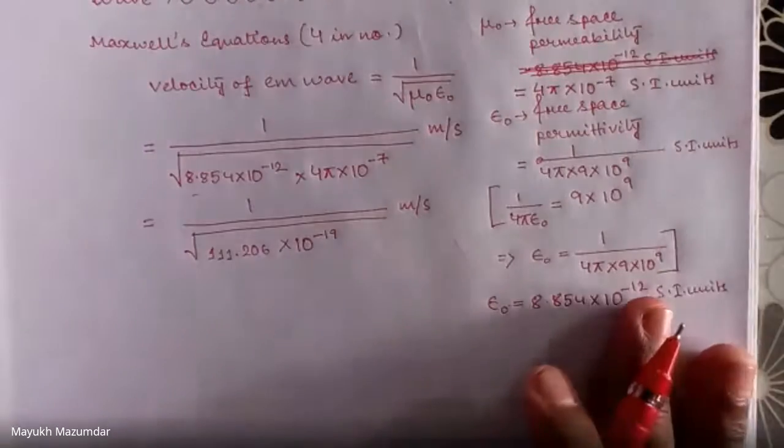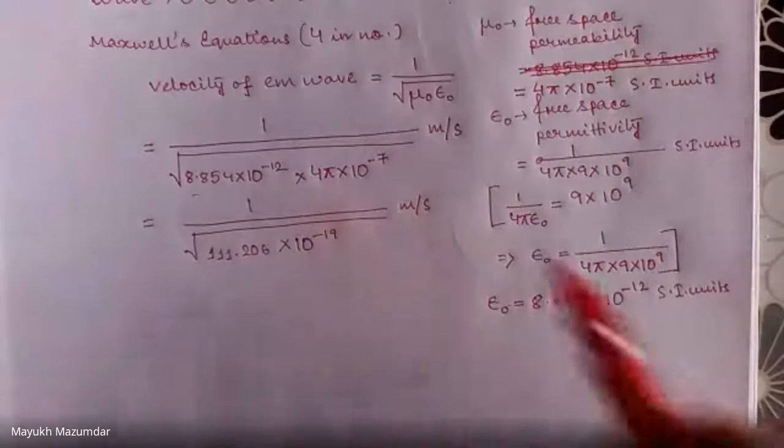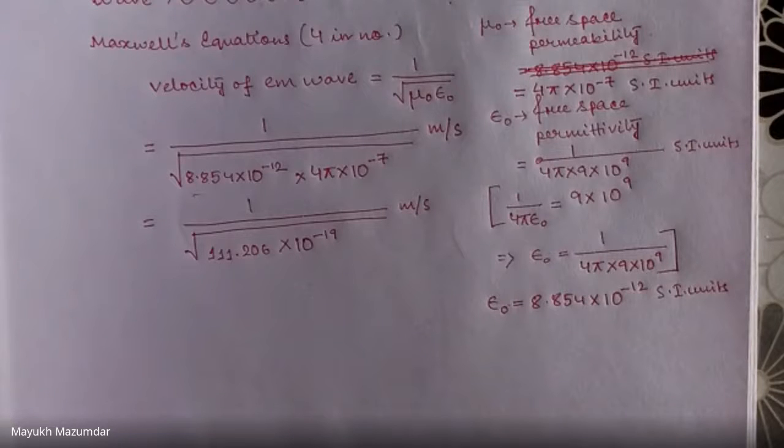Hello, am I audible? Yes, sir, you're audible, sir. Yeah, so what is this value? 8.854 into 4 pi. So 0.002496.